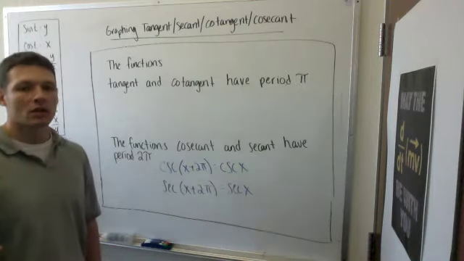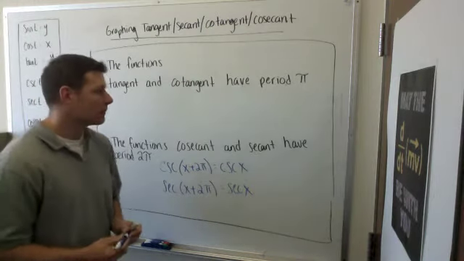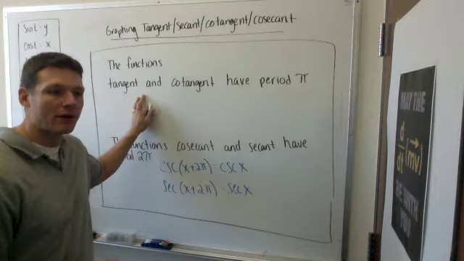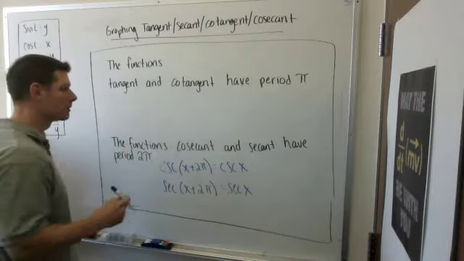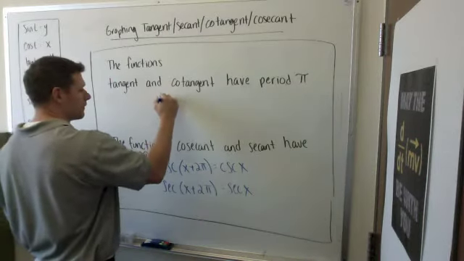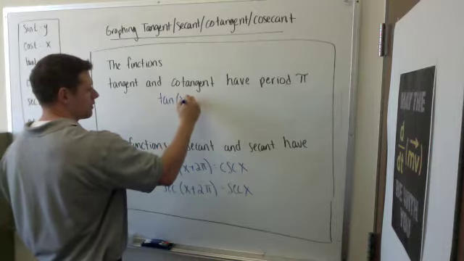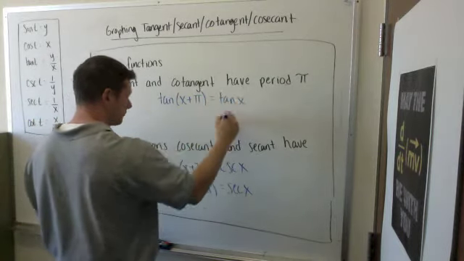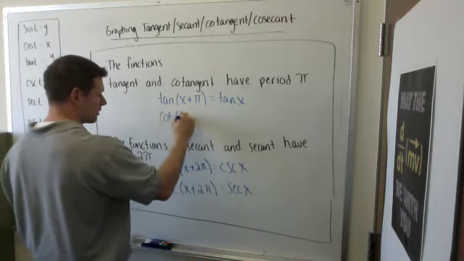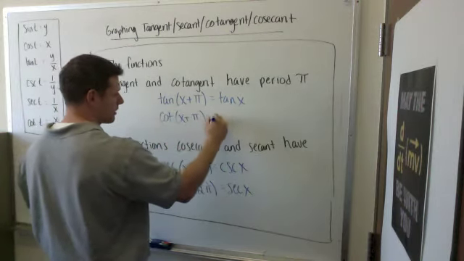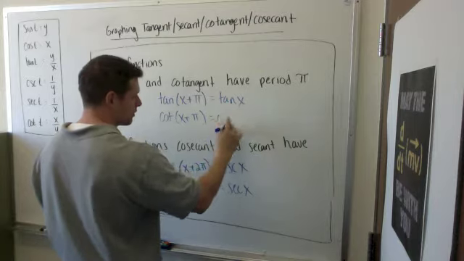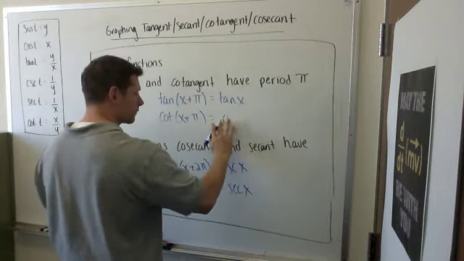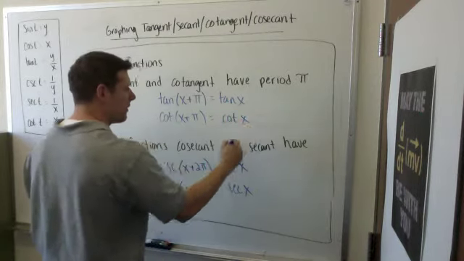Now, tangent and cotangent are a little bit different. Both tangent and cotangent have a period of pi. So tangent of x plus pi equals tan x, and cotangent of x plus pi equals cotangent x. Okay?